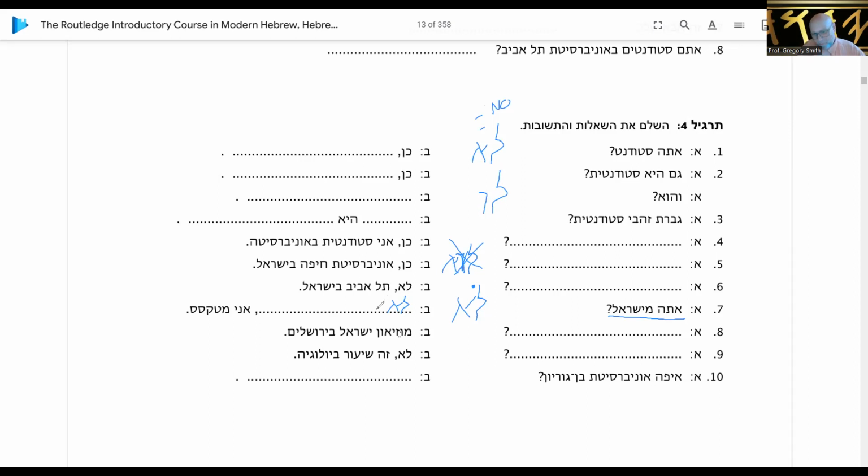All right, so lo. Let's see, what's my question again? "Ata Yisrael," are you from Israel? Let's see, lo, ani Metexas, like from Texas. So we could just put lo in there, ani Metexas, from Texas. That's another transliteration, Texas. And I think that's probably all we need to put in there.